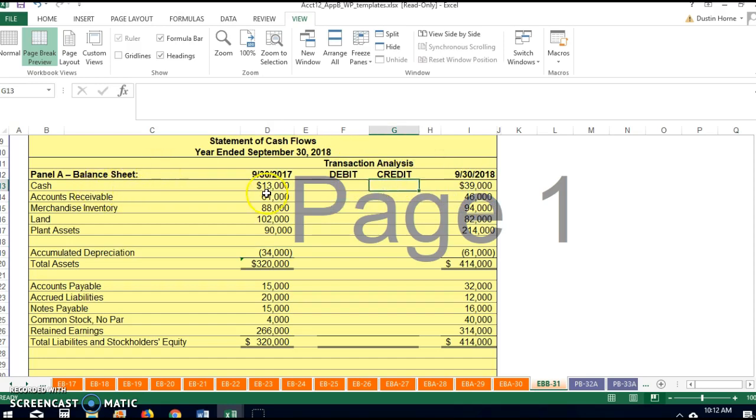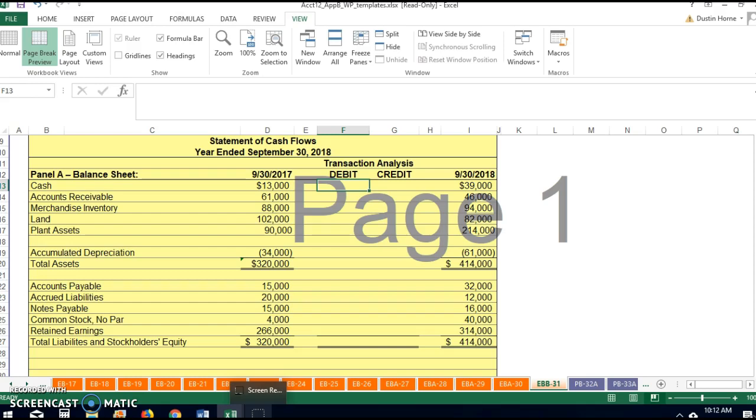So here, if cash went up, to increase cash, we debit cash. So we needed to debit cash by the amount that it changed. So as we see, cash increased by 26,000.